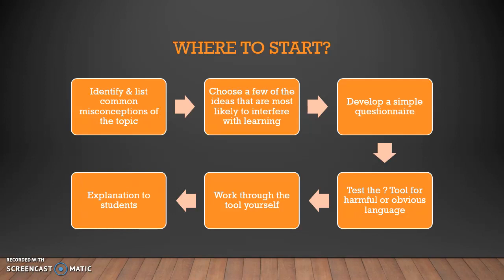Once you've developed a draft questionnaire, have another faculty member or somebody else that knows the topic really well go over it for you. You'll want them to screen the language to ensure it doesn't sound too condescending or obvious for the student. Make the adjustments you feel are necessary and then answer the questionnaire yourself. Think through some of the potential responses.